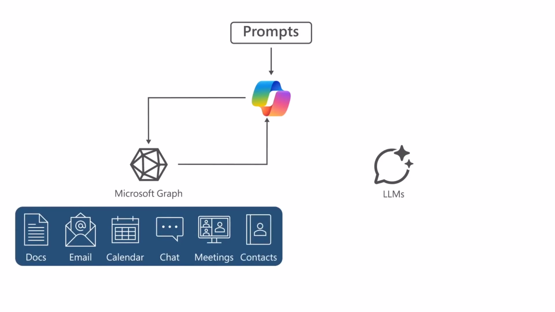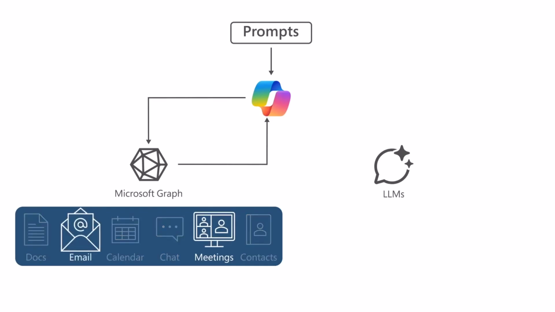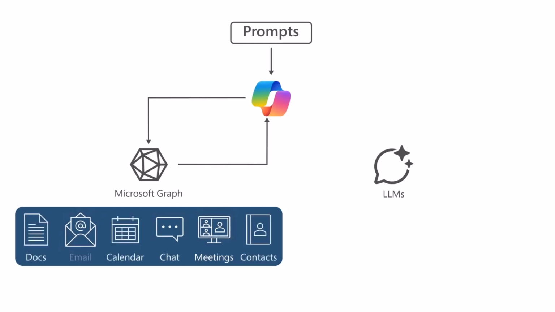Copilot combines this content with the user's working context, such as the meeting a user is in now, the email exchanges the user had on a topic, or the chat conversations the user had last week. Copilot uses this combination of content and context to help provide accurate, relevant, and contextual responses.